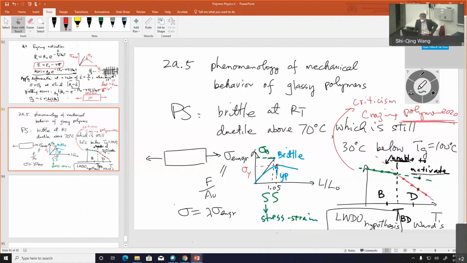What's driving this idea of the LWDO hypothesis is the assumption that you understand what brittle failure means. It perhaps is one way of saying it. What it means is we typically assume the brittle failure occurs because of chain scission.